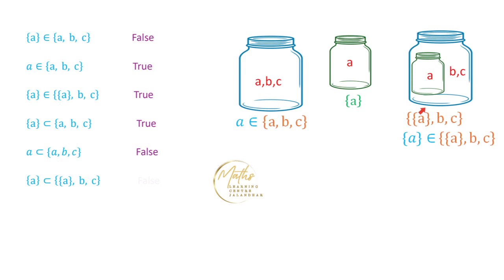When we are talking about this second set, it has the set containing the element A, whereas it does not have the element A itself over here. So this statement is false.